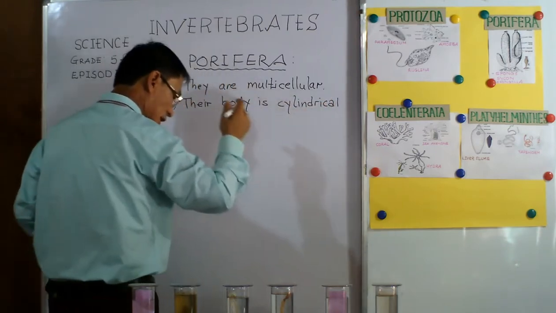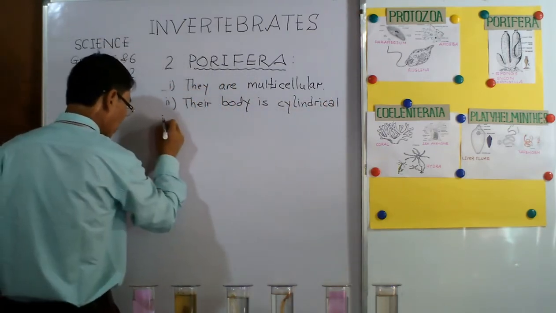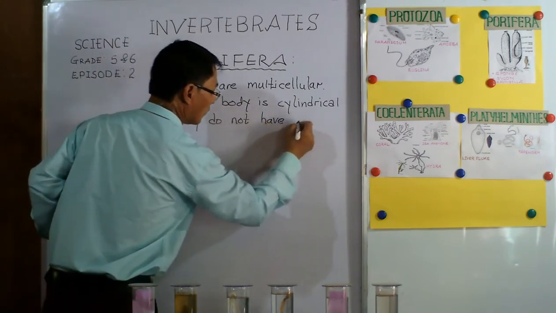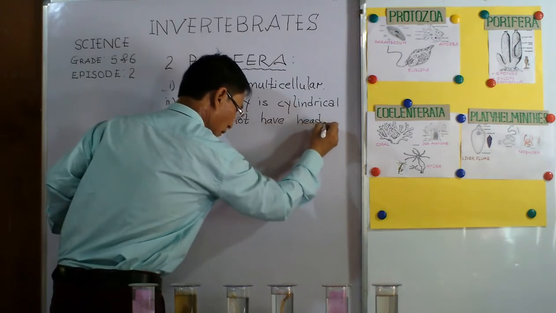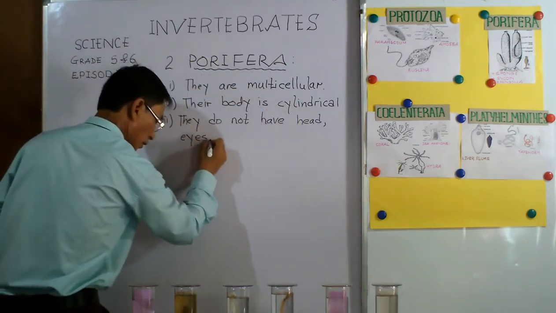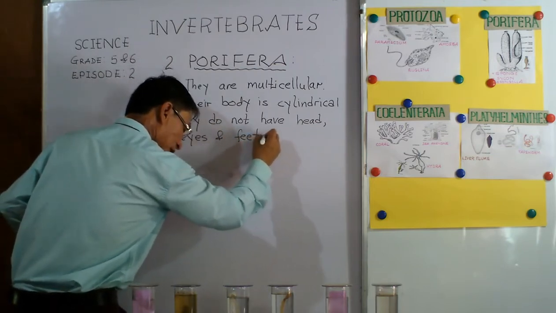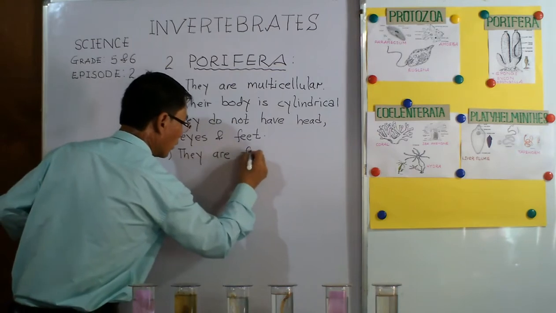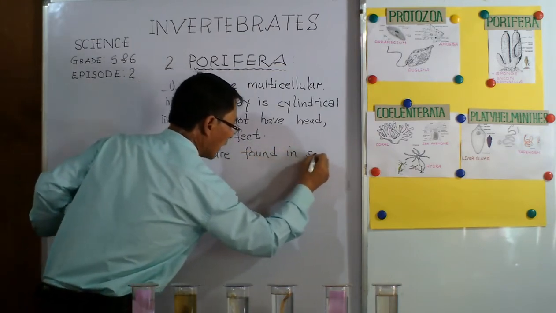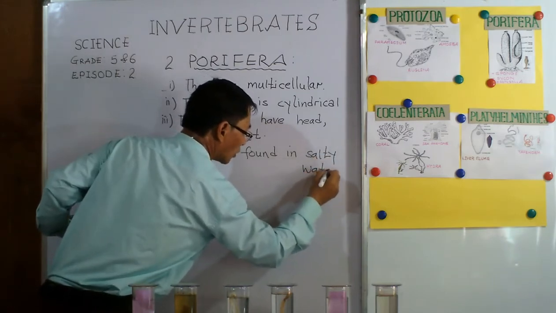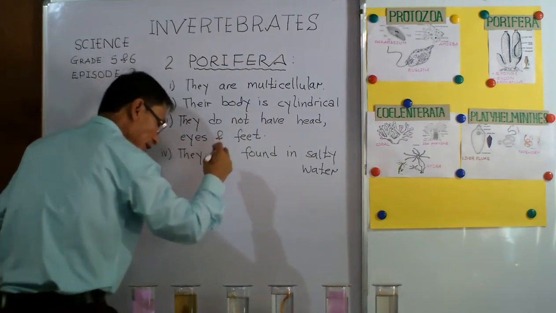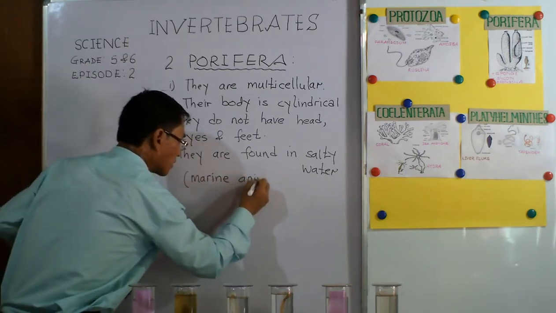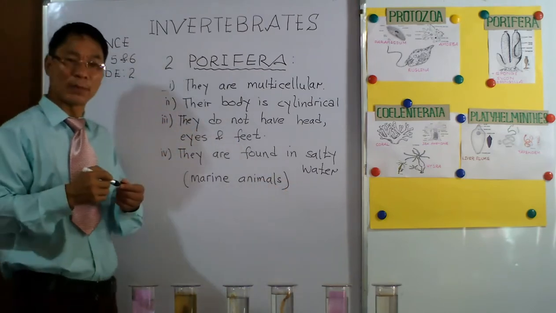Number 3, they do not have head, eyes and feet. Number 4, they are found in salty water, or we can say they are marine animals. M-A-R-I-N-E, marine animals.